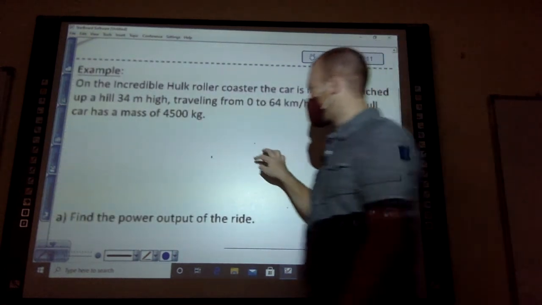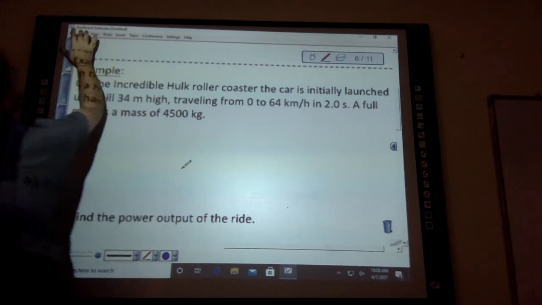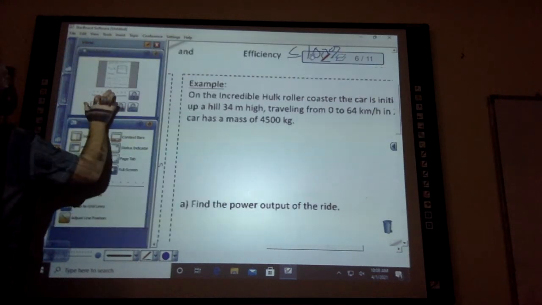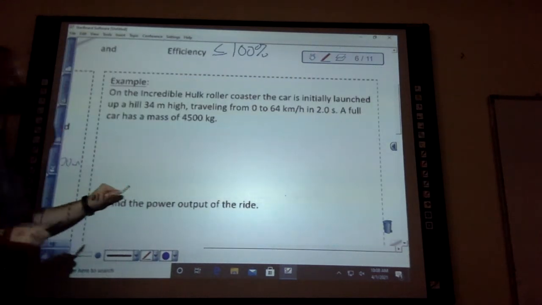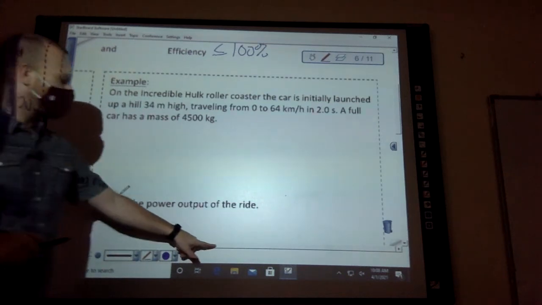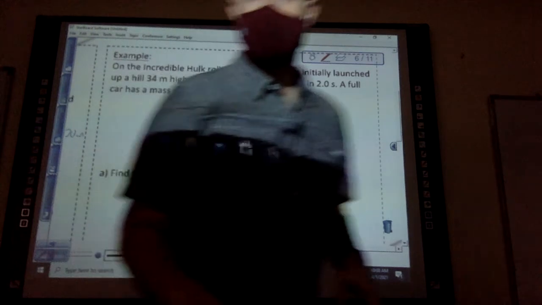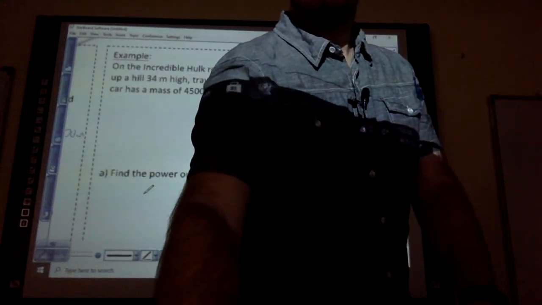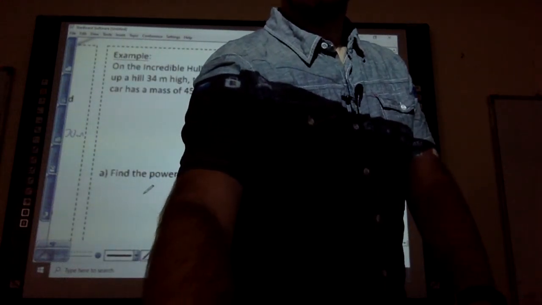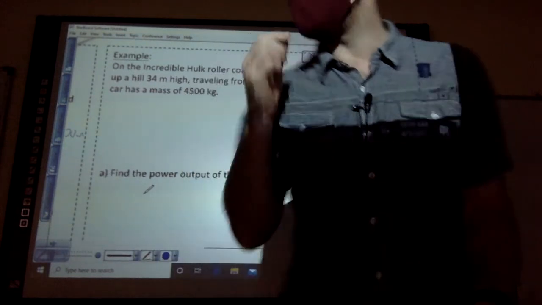Okay, another roller coaster. This one's a little bit trickier. Every time I teach this question, there's always something that I make a mistake on.